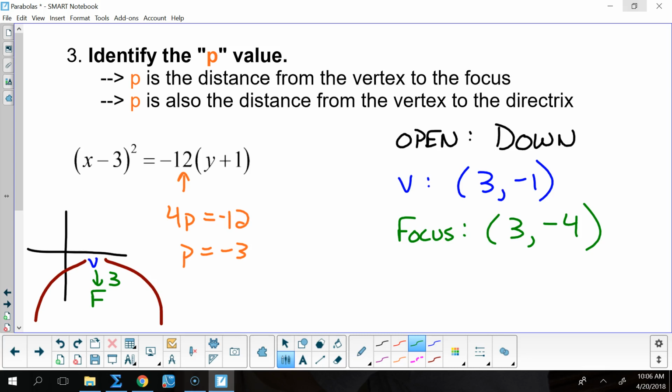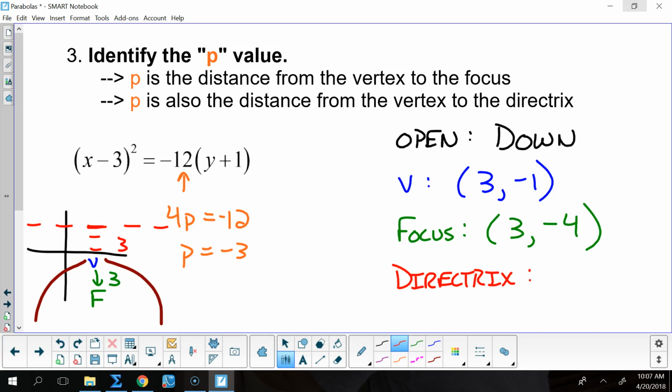My directrix will be 1, 2, 3 units up from the vertex, which is going to be a horizontal line.